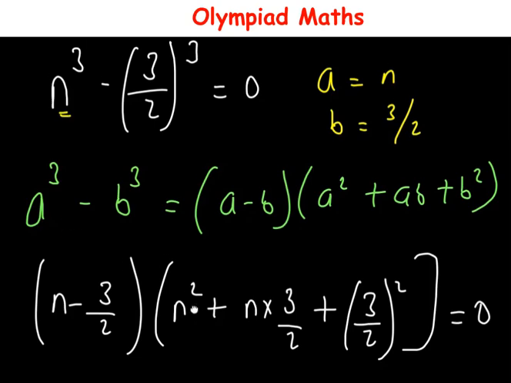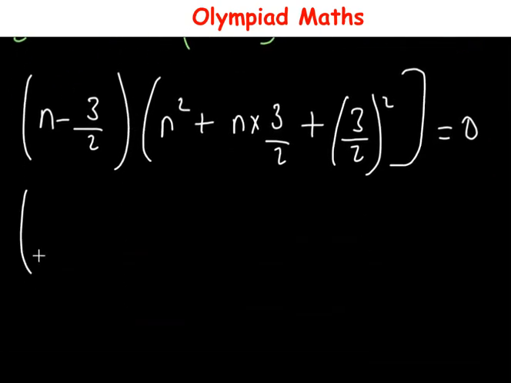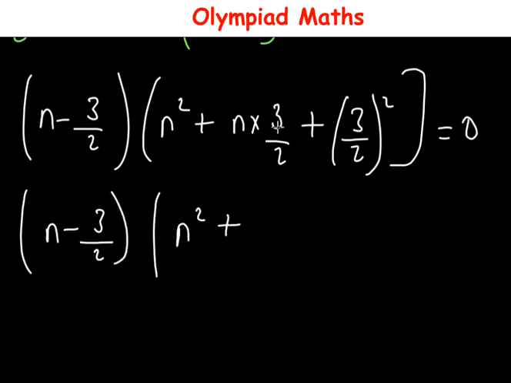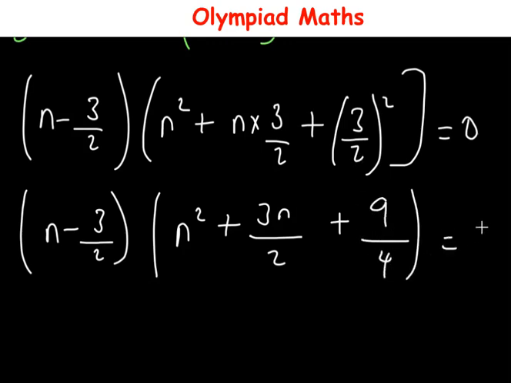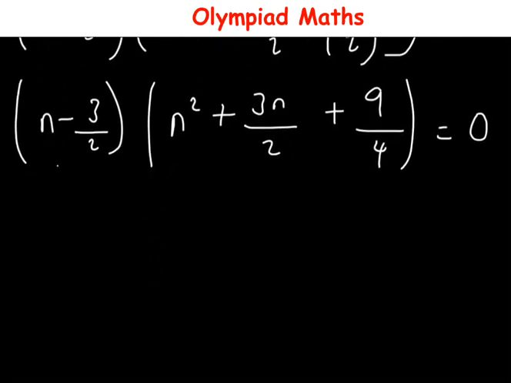Good. So with this, we have, in brackets, n minus 3 over 2 multiplied by n squared plus n times 3 is 3n over 2, plus 3 squared is 9 over 2 squared is 4, all equal to 0.